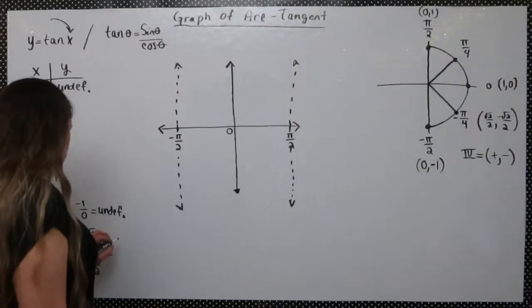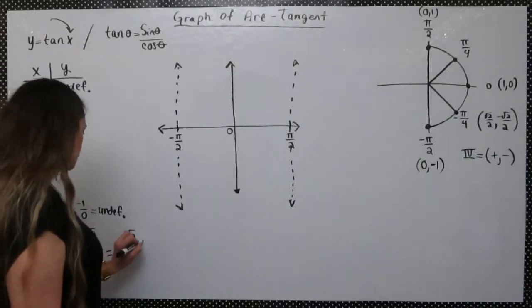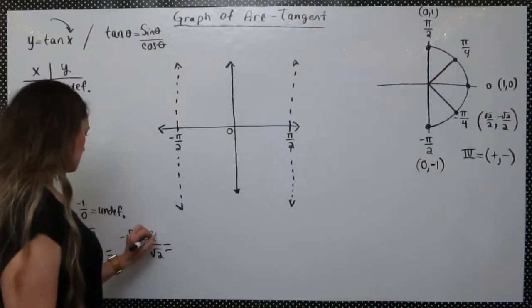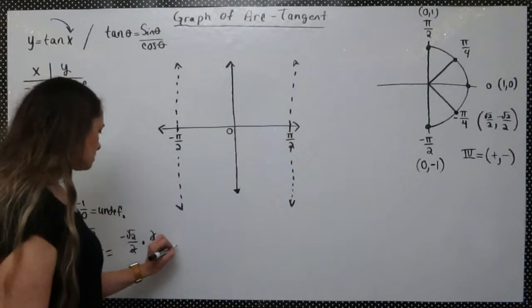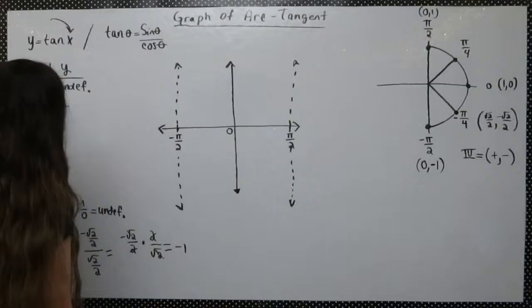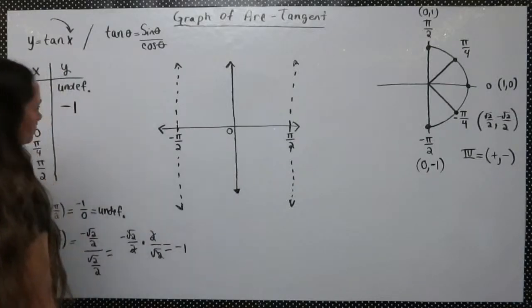So what that leads to is negative radical 2 over 2 times 2 over radical 2. And you end up with negative 1 when you do the math and you simplify. So we'll say right here at negative pi over 4, we're at negative 1.